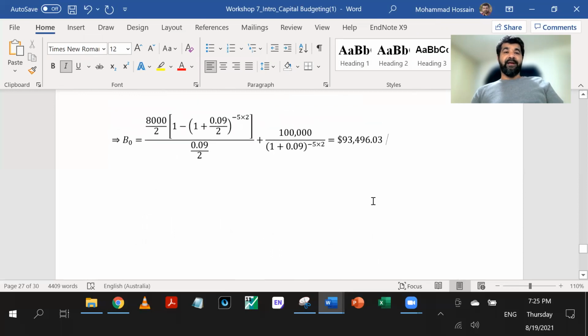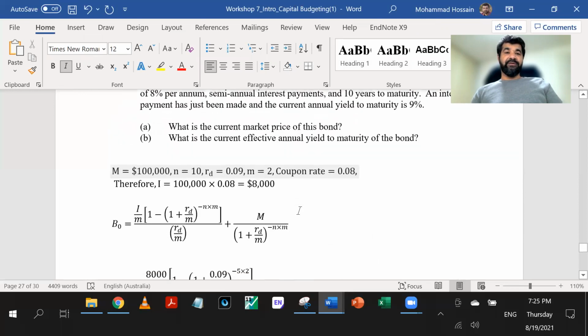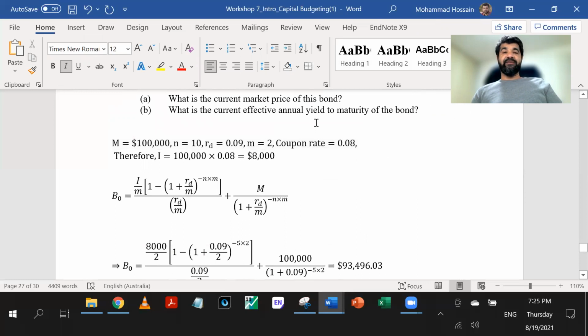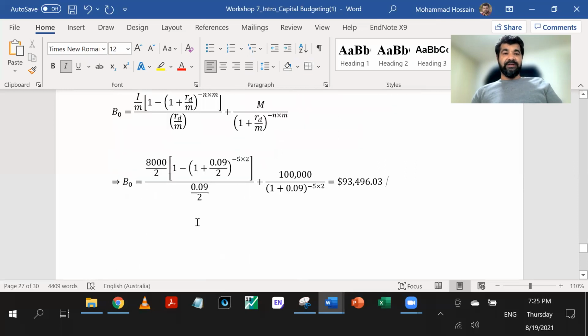Now the next point is about what is the current effective annual yield to maturity of the bond. Effective annual YTM we have to calculate here.